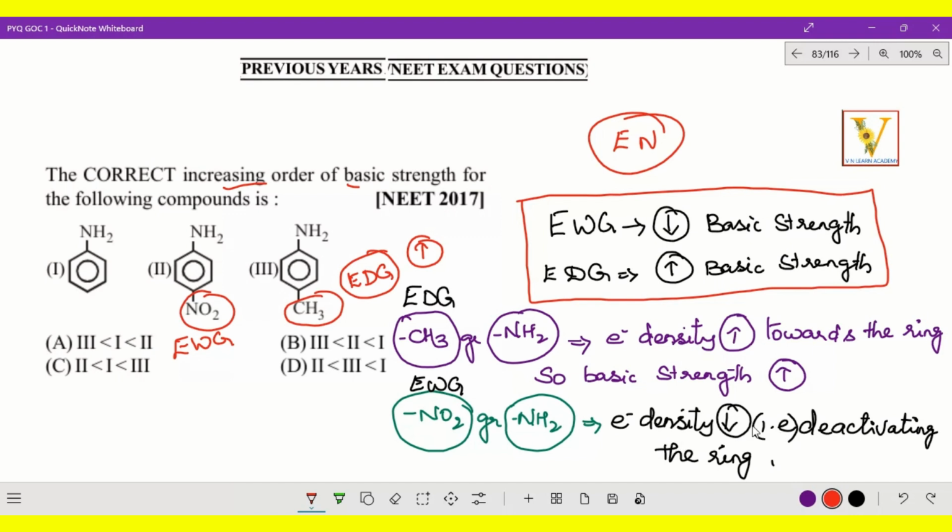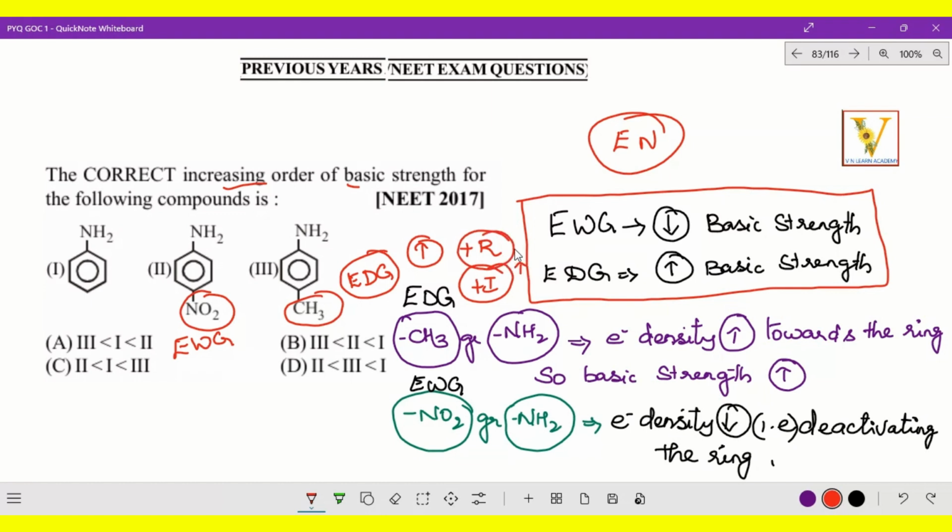That is deactivating the ring. So an electron withdrawing group decreases the basic strength, whereas an electron donating group increases it. So here the plus I effect and plus R effect increase the basic strength.